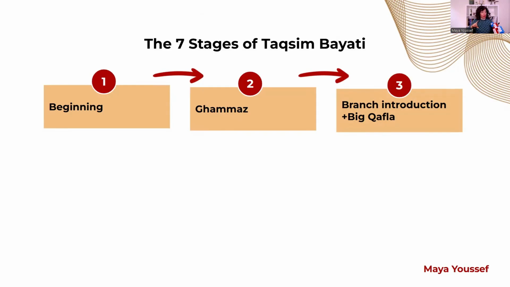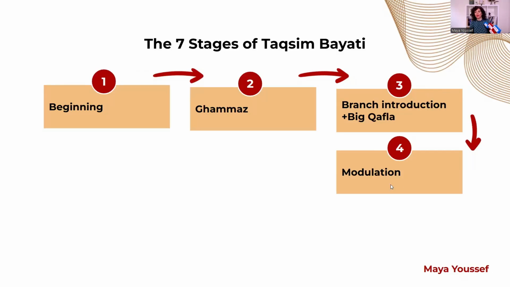A big qafla is a type of vocabulary that musicians use within the range of the root and the branch. So I talk about two types of qafla: a small qafla, which is only within the boundaries of the root, and a big one, which is root and branch. So this is the part where we would do the big qafla.